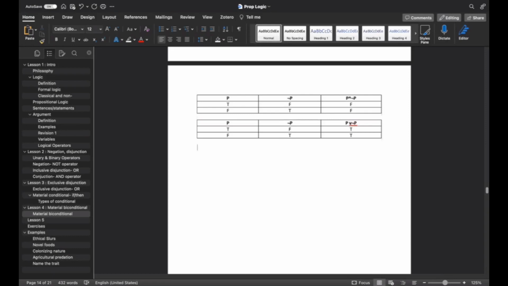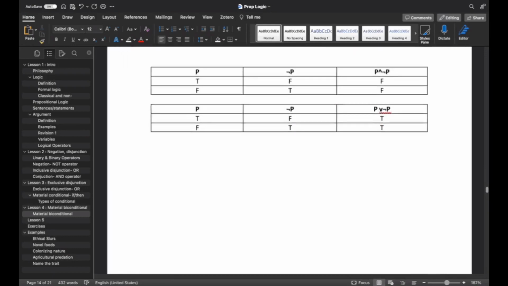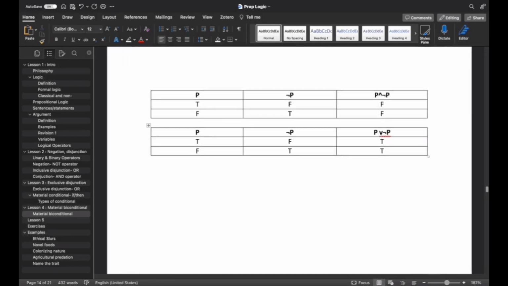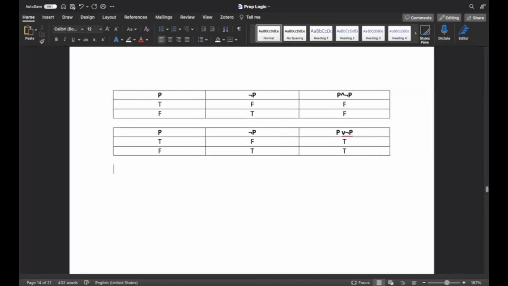The first one is the example of a contradiction. P and not P is the textbook definition of a contradiction. A contradiction is a conjunction of a proposition and its negation. And the second one is the textbook definition of a tautology. A tautology is a disjunction of a proposition and its negation.